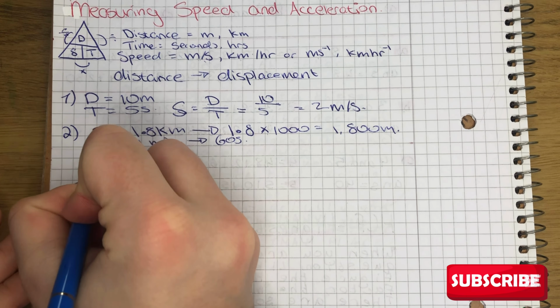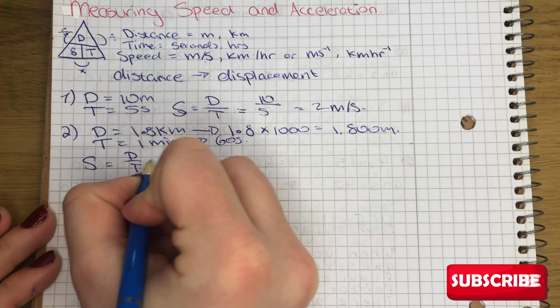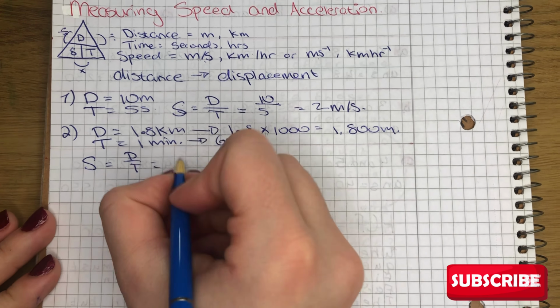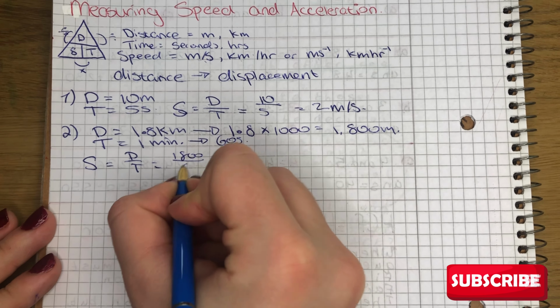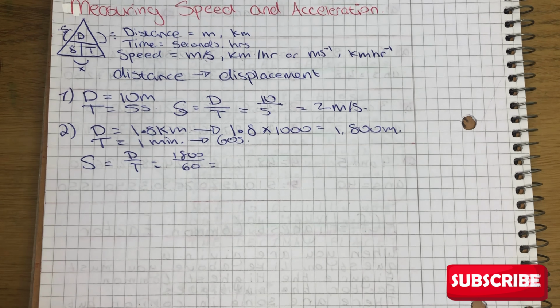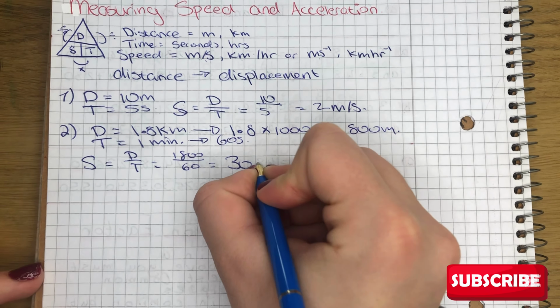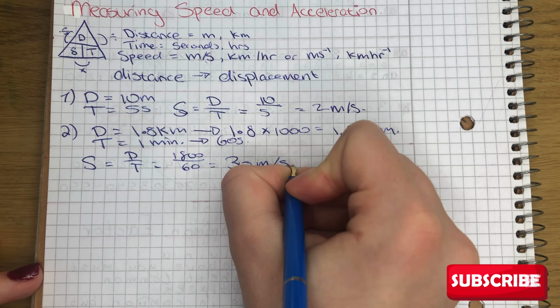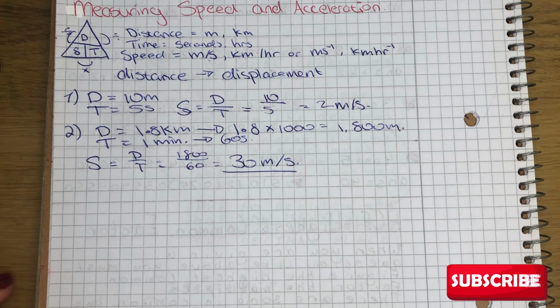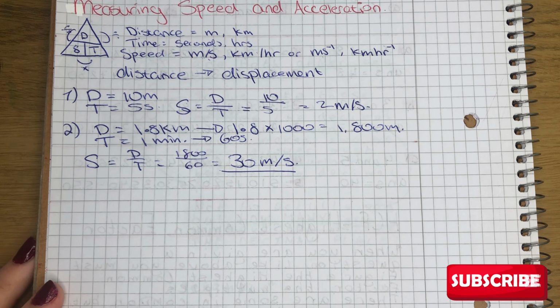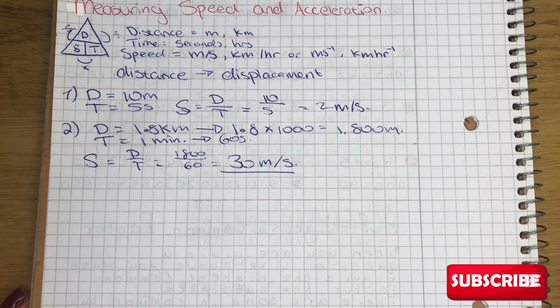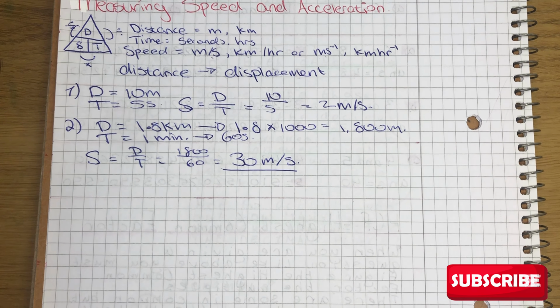So then we can find out the speed. The speed is distance over time. So our distance is 1,800 all over 60, which is 30. Now with our units, meters/seconds. Okay, perfect. And you don't need to square the unit. You can just leave it as it is. And that's it, really.